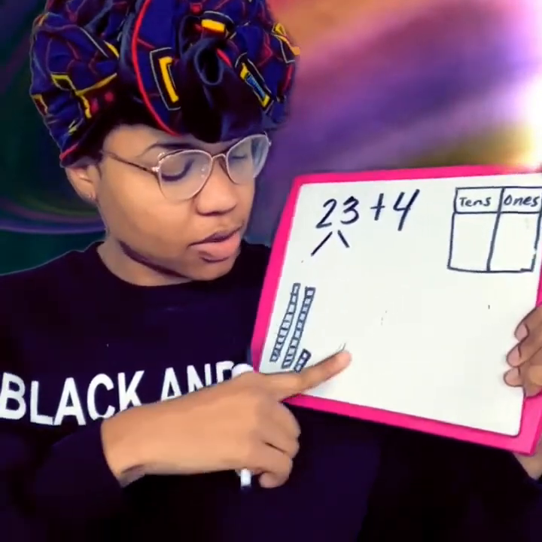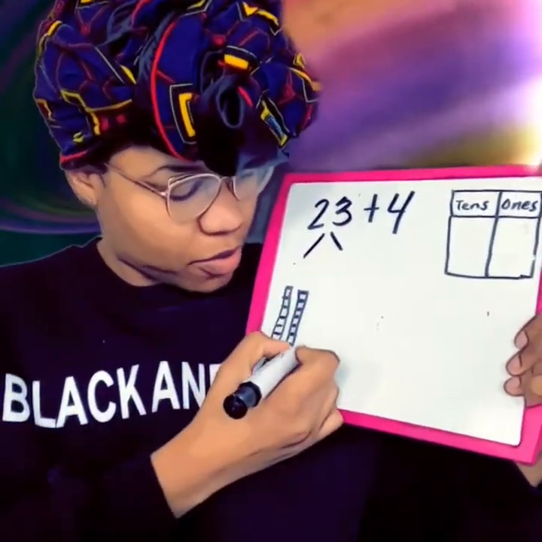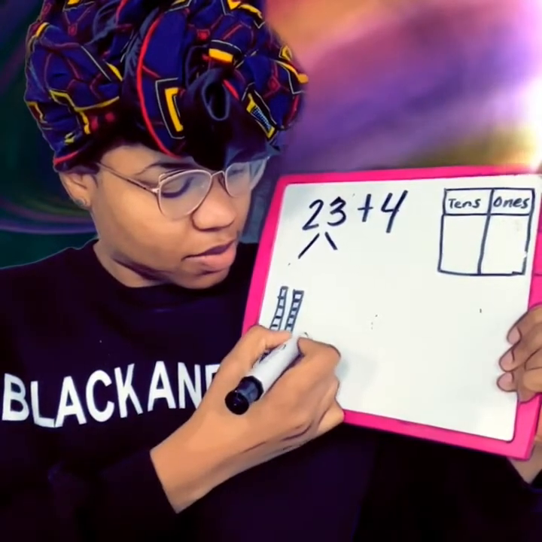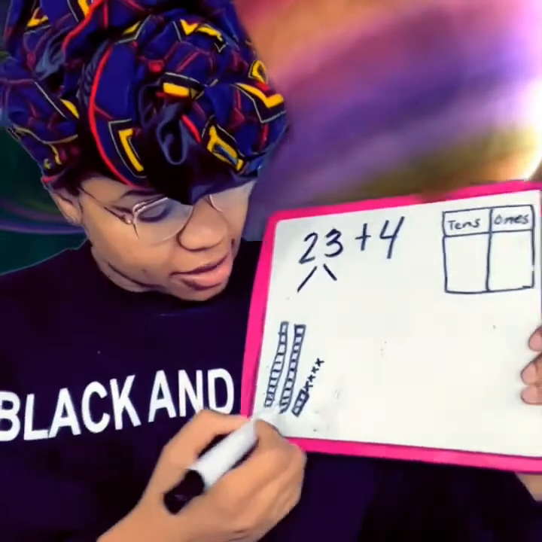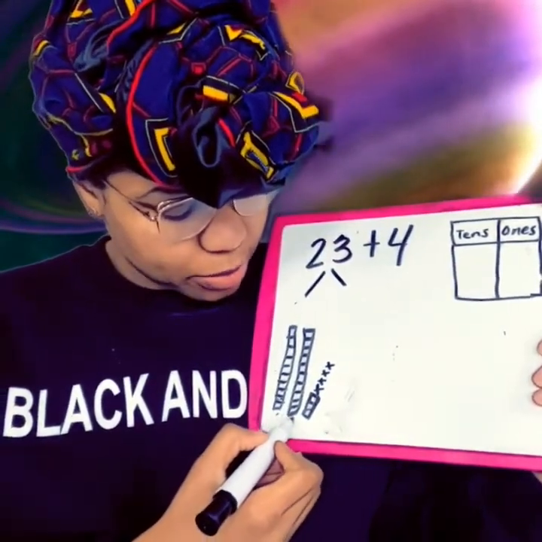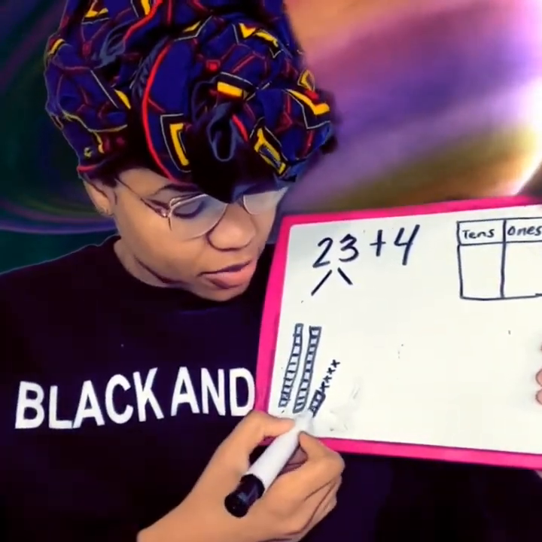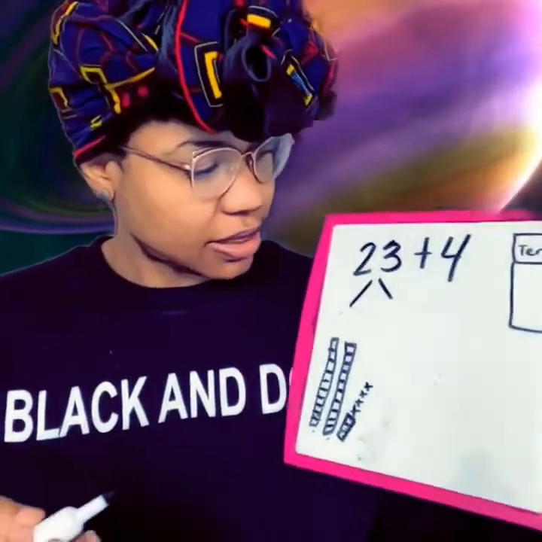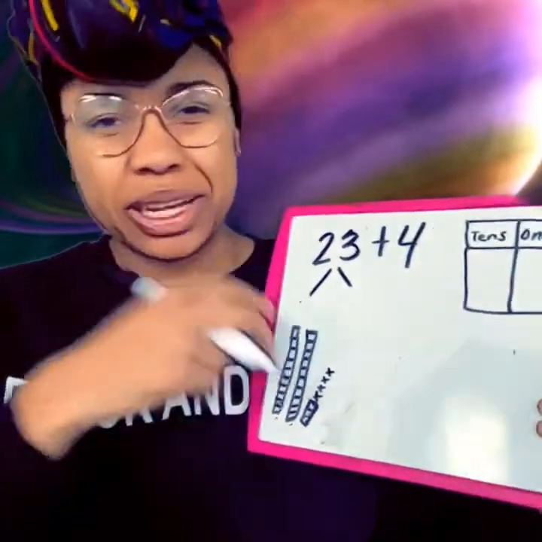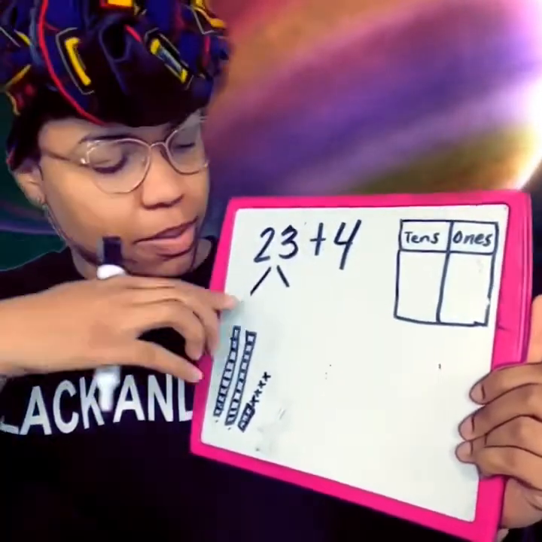So I'm going to move those. So my 4. 1, 2, 3, 4. Now I know that I have 2 groups of 10, and then 1, 2, 3, 4, 5, 6, 7. 7 extra ones. So I want to make sure I show that when I break this apart.